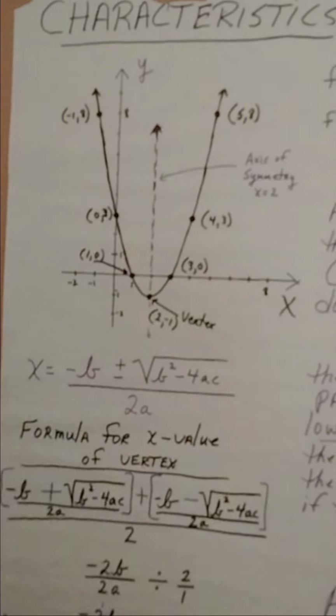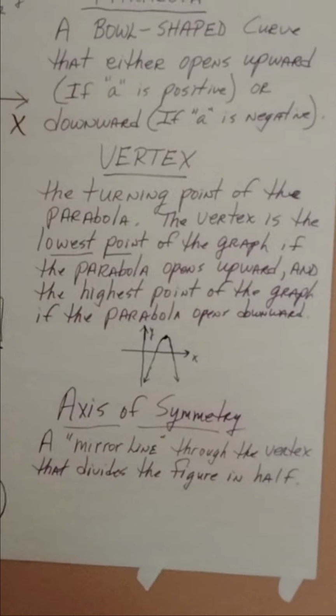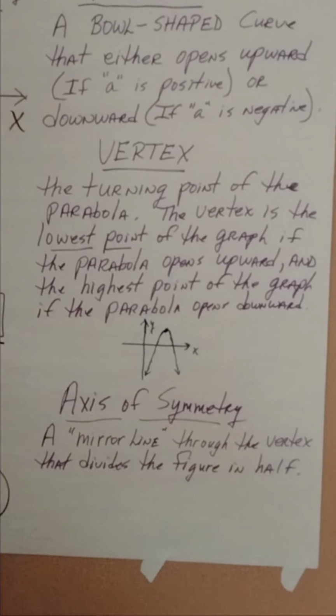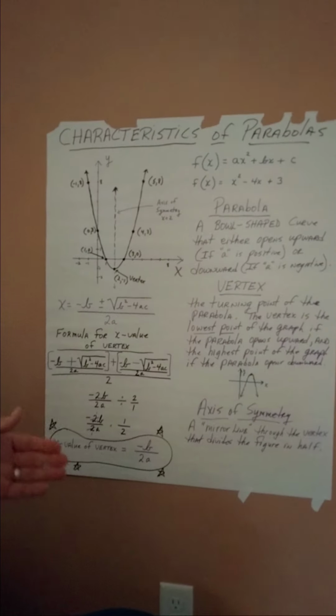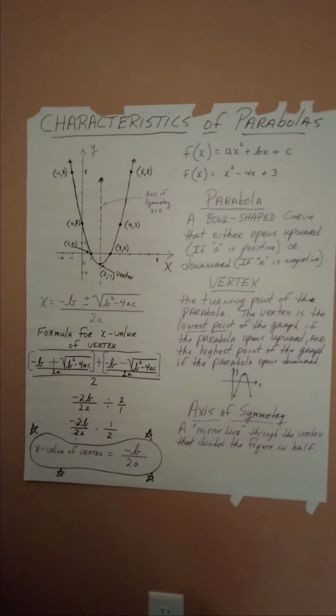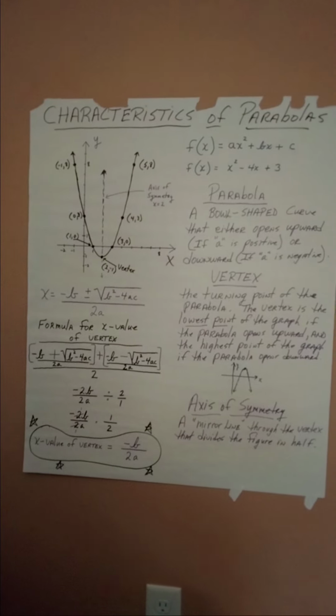That is what we mean by the axis of symmetry. Again, it is not part of the graph. It is an imaginary vertical line that cuts through the vertex and splits the parabola exactly in half.